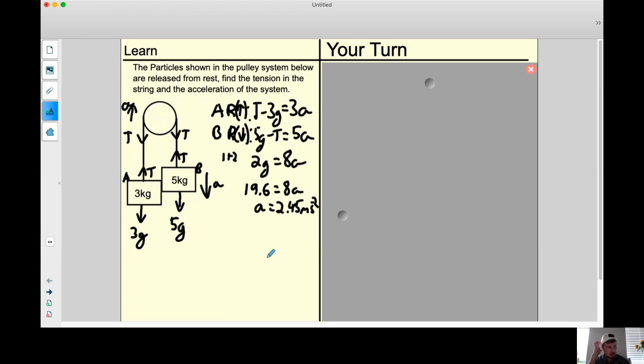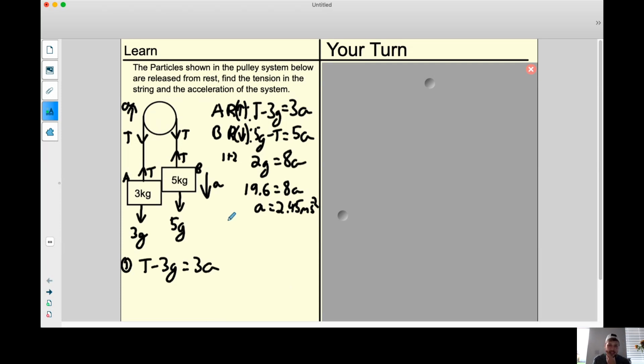How can I use this to help me to work out the tension? Well, because it's a light inextensible string in this system, I can work out my tension by just assuming my acceleration in both of them would be the same. So I'm going to use T minus 3g is equal to 3a, and I've worked out what a is, so I'm going to substitute it in. So this is looking at equation 1.